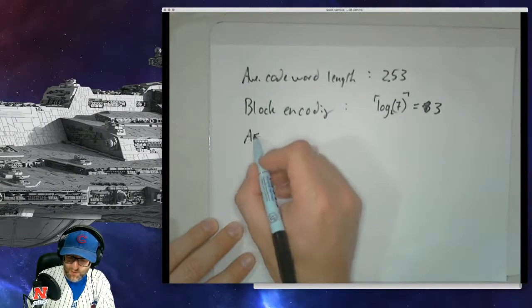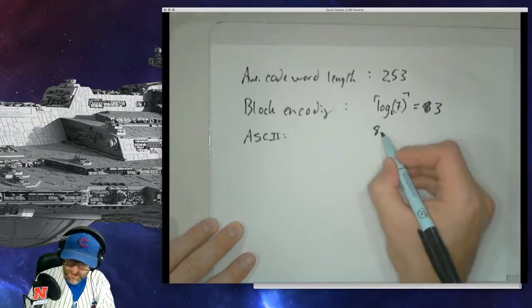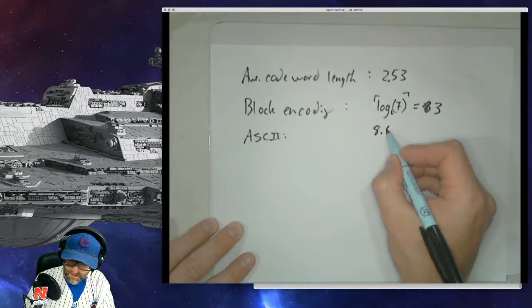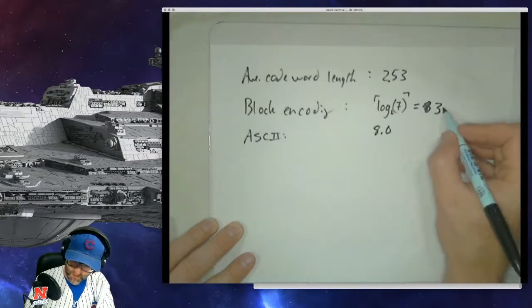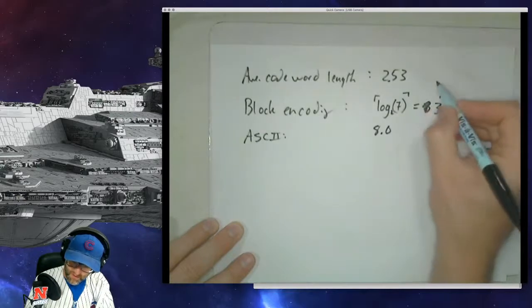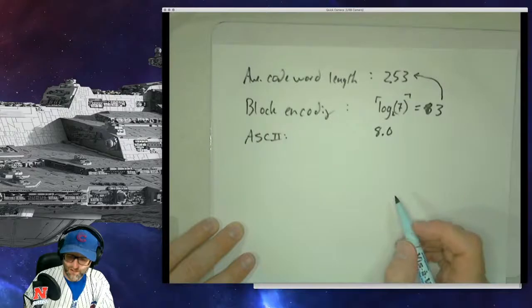If we had to encode this with ASCII, then of course it would be even worse. We'd have 8 bits per code word. But this is what we're going to want to focus on here. We compressed it from 3 bits down to 2.53.